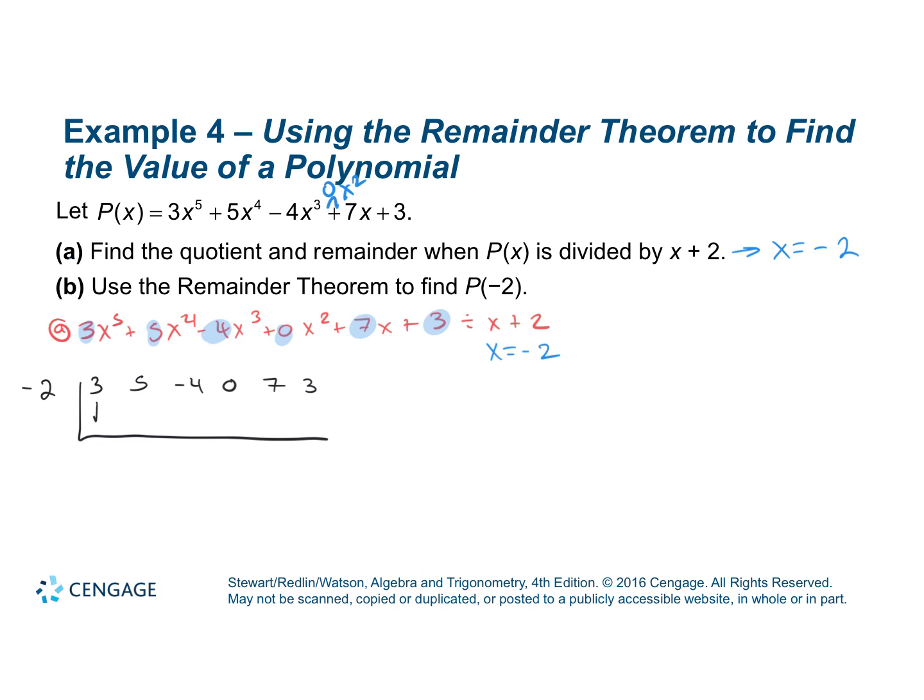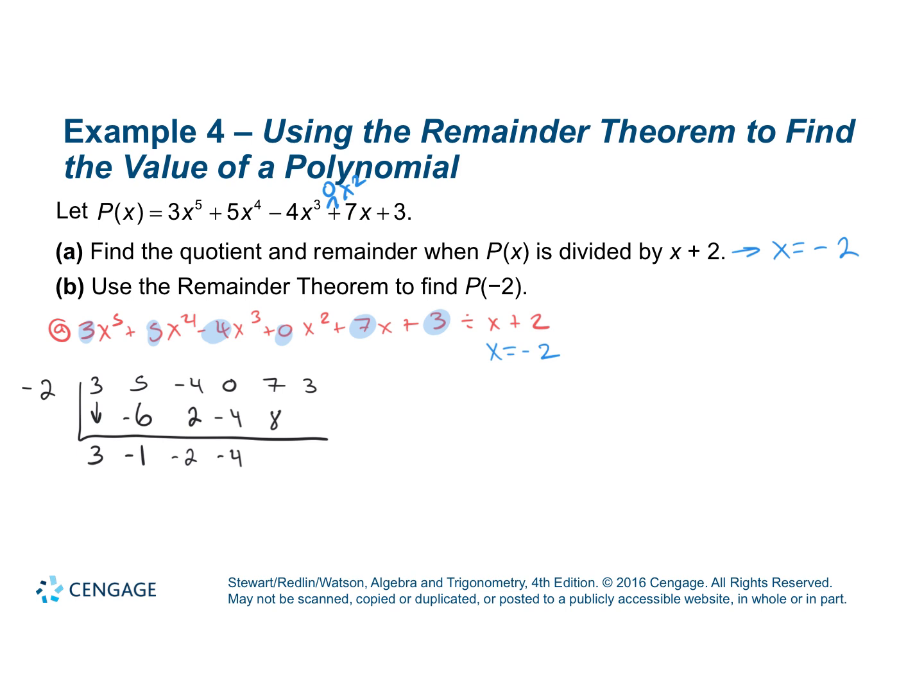So we're going to go ahead and move down that 3. So we're going to get 3 times 2 is 6. Sorry, -2 is -6. So I can go ahead and do 5 plus -6 is -1. -2 times -1 is 2. I can go ahead and do -4 plus 2, so it's -2. -2 times -2 is 4. Can go ahead and add 0 and 4, so it's going to be 4. 4 times -2 is -8.